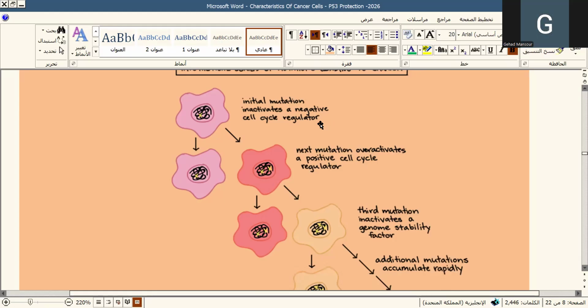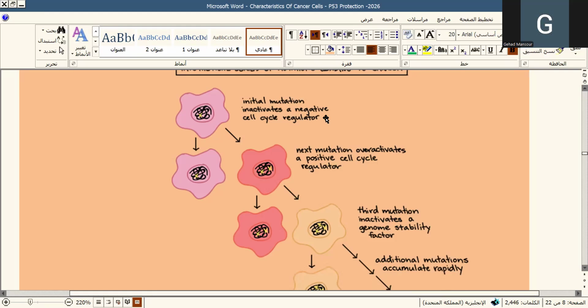And the hypothesis says that there is usually an initial mutation that will affect essentially a negative cell regulator. A negative cell regulator is a protein that will inhibit the cell cycle. So if the negative cell cycle regulator is itself inactivated by an initial mutation, then the inhibitory proteins in this cell will not be capable of stopping the cell cycle if they detect an abnormality.